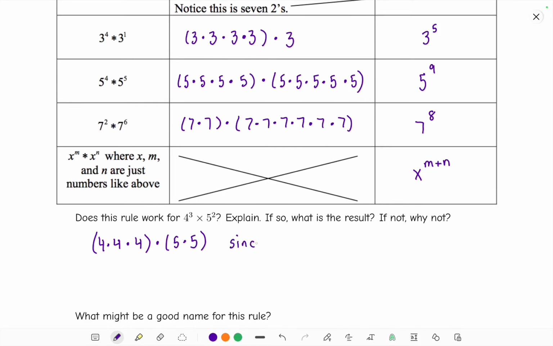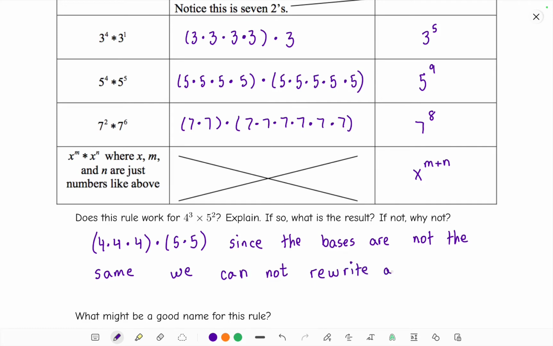So since the bases are not the same, we cannot rewrite it as a single exponential expression.